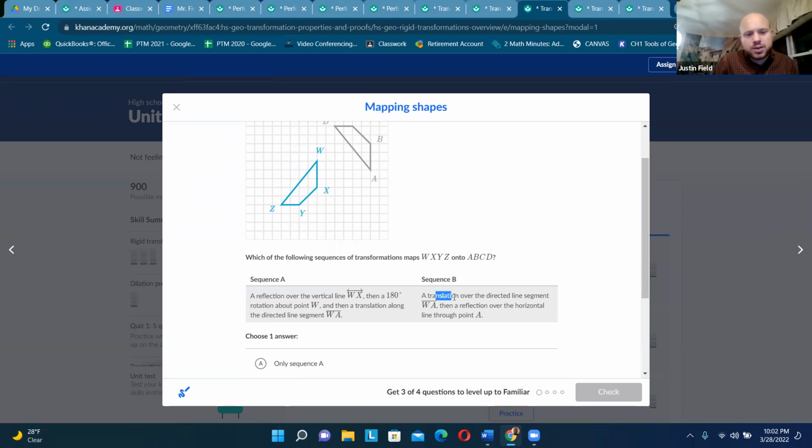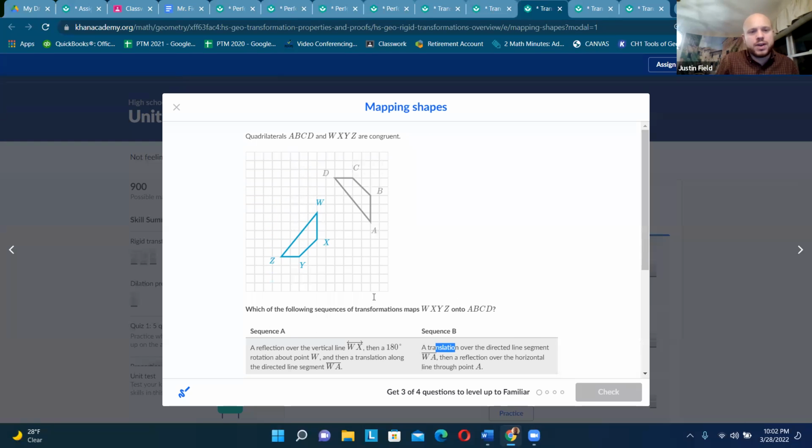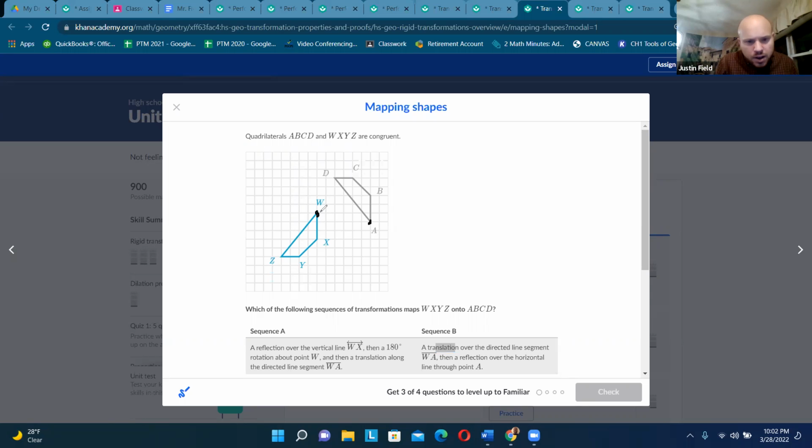So, translation over the directed line segment WA. What is a directed line segment? That is from here to here. So to get from W to A, you got to go over 1, 2, 3, 4, 5, 6, and down 1.